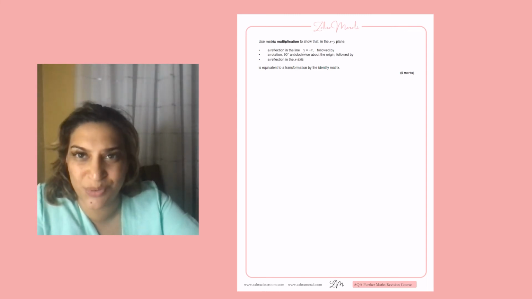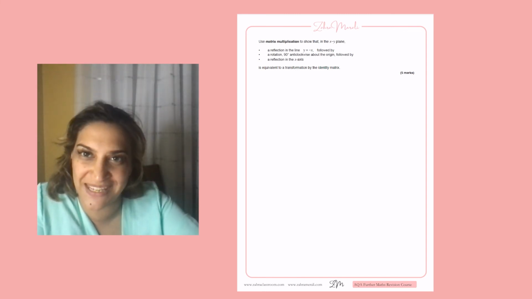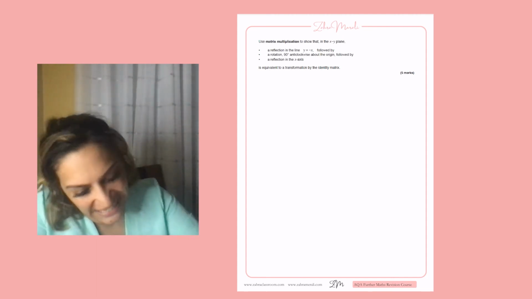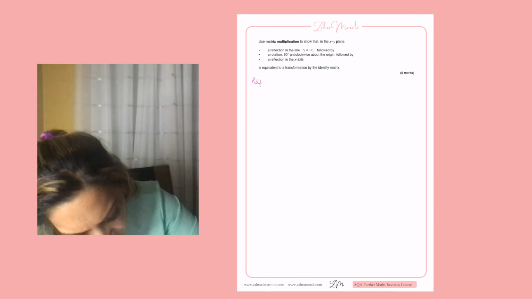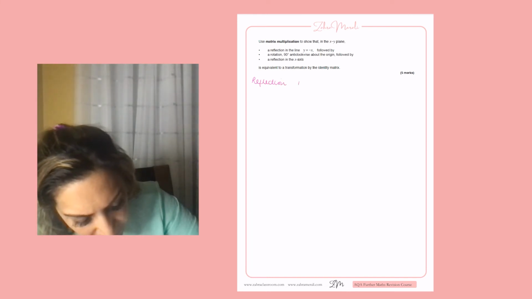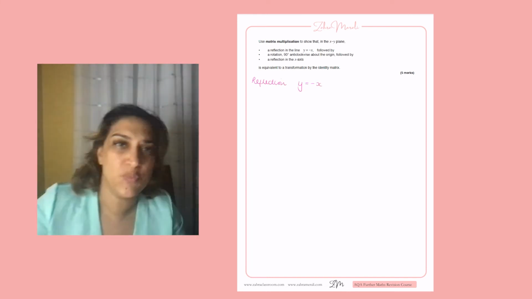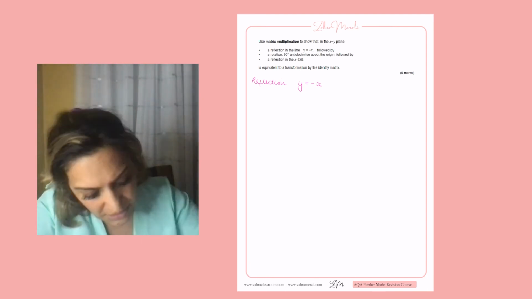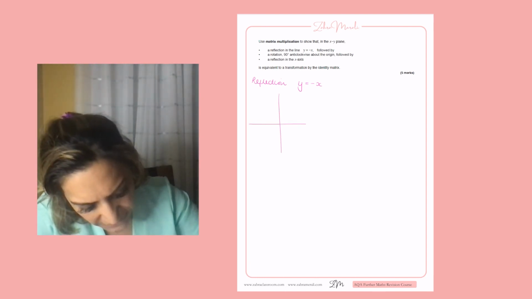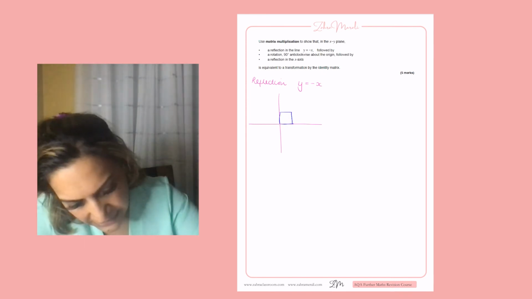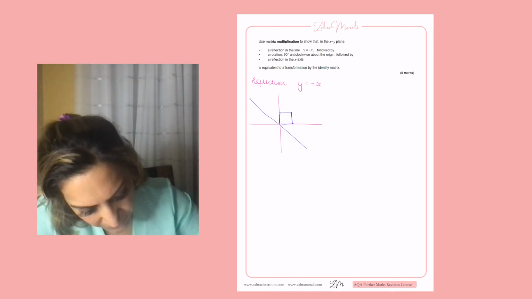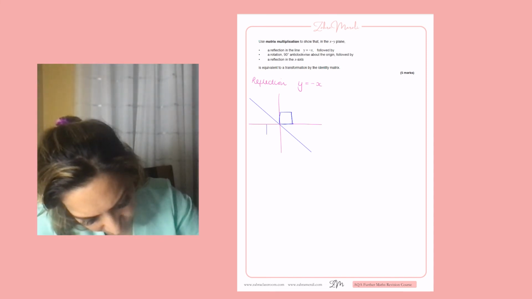Right, so now we've got this last question left here, and we're going to be looking at how we go from each of these. So if we've got a reflection in the line y equals minus x, and we don't know what the matrix is, we can think about what would happen to a unit square. So if I had a square here, I had the line y equals minus x, which looks like that, it would go here.